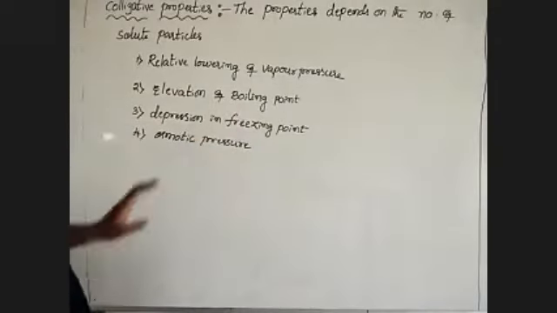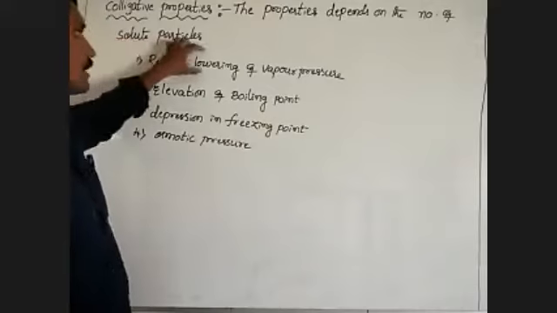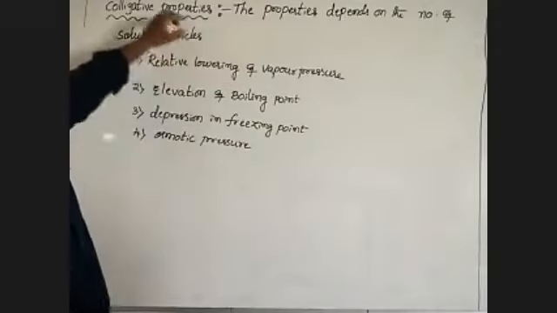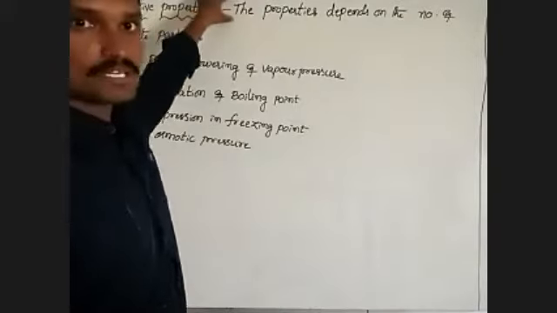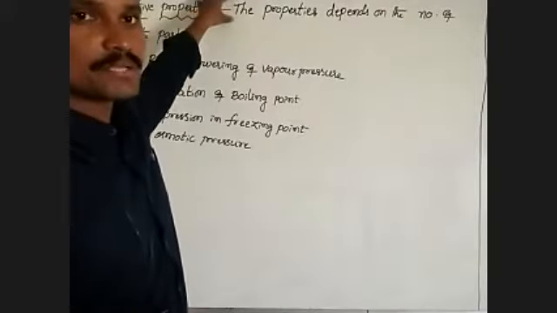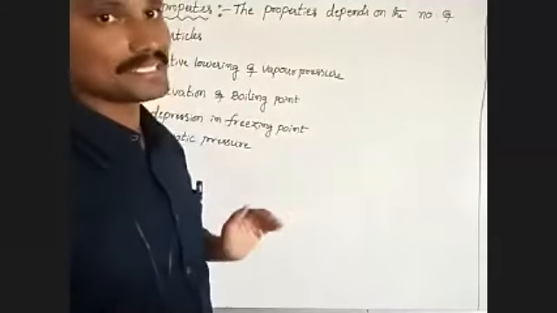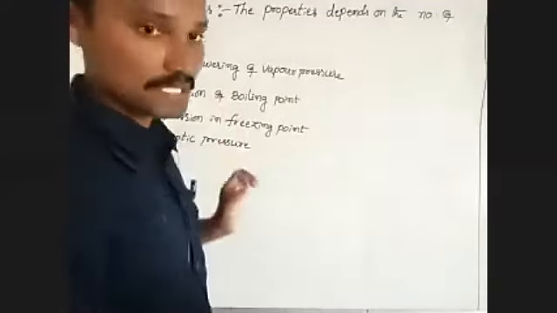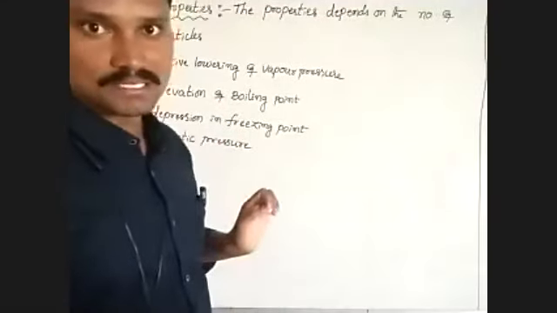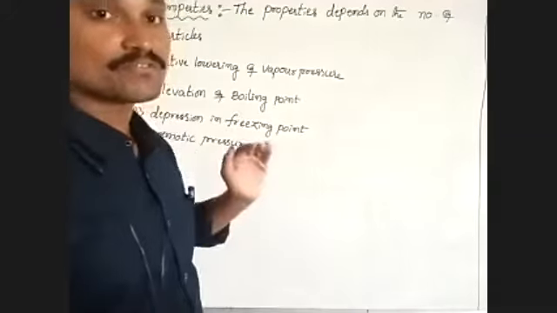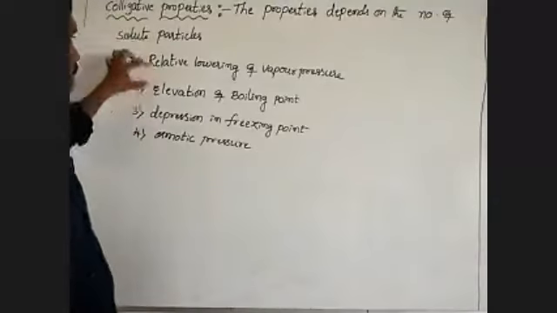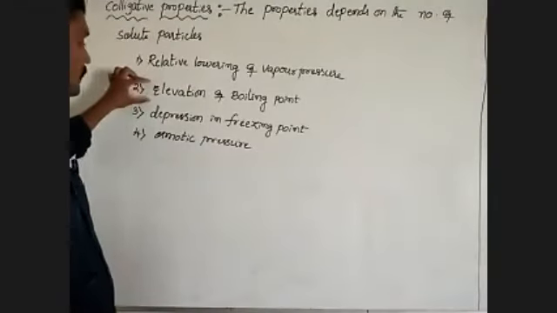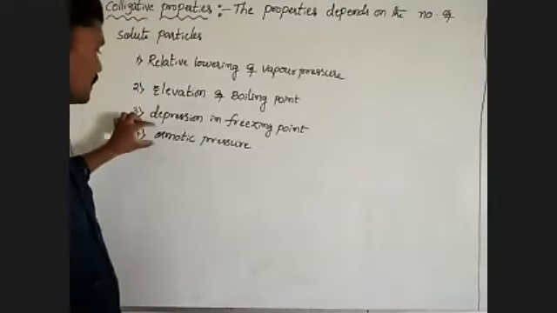Now, the first one is relative lowering of vapor pressure. Once again, colligative properties means the properties of solution which depend on the number of solute particles but not chemical identity. These are four types: relative lowering of vapor pressure, elevation of boiling point, depression in freezing point, and osmotic pressure.